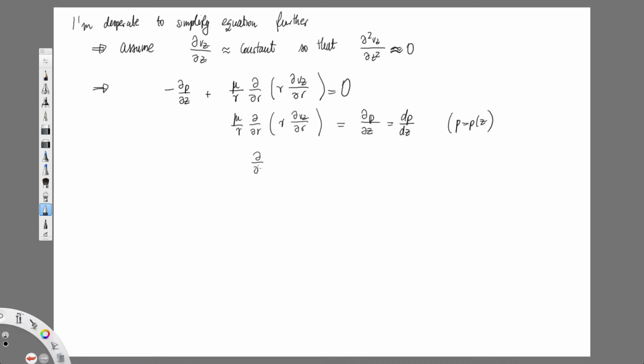So basically I can multiply by r over mu. Now, if I integrate with respect to r, this is my only dependence on r in the right-hand side.